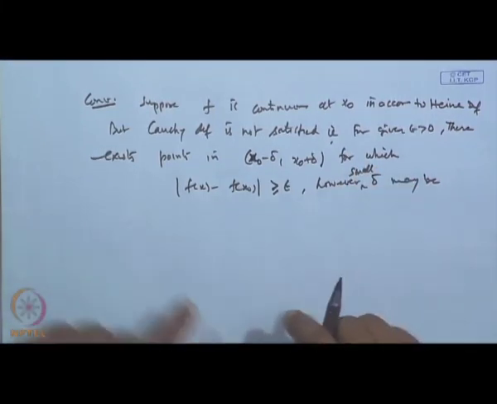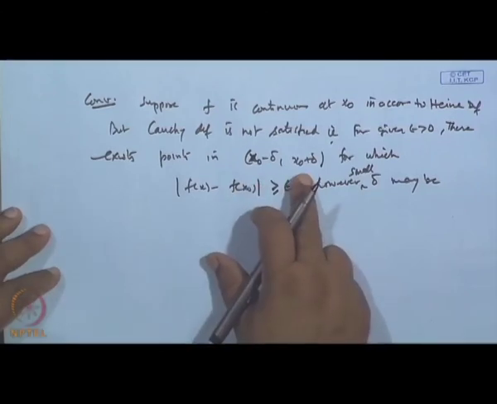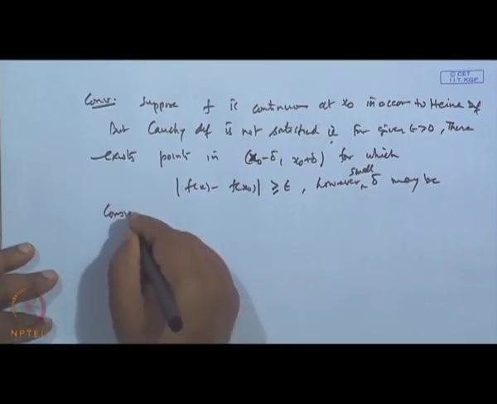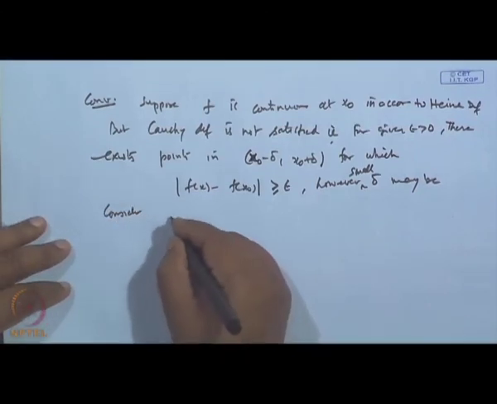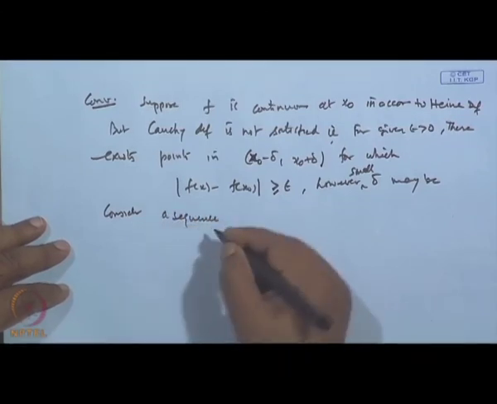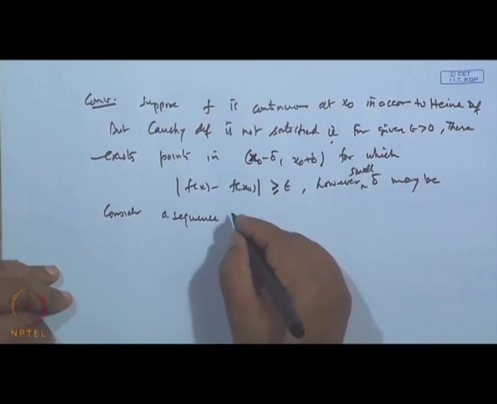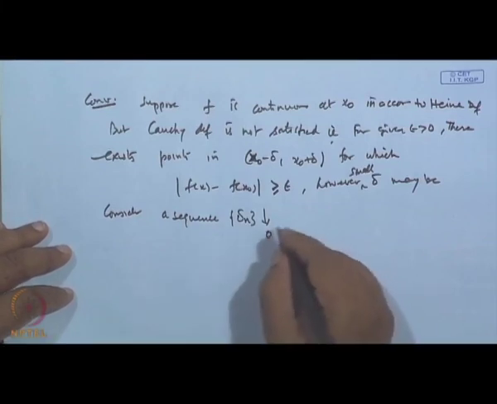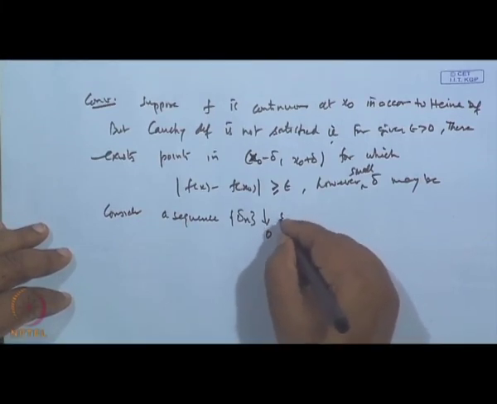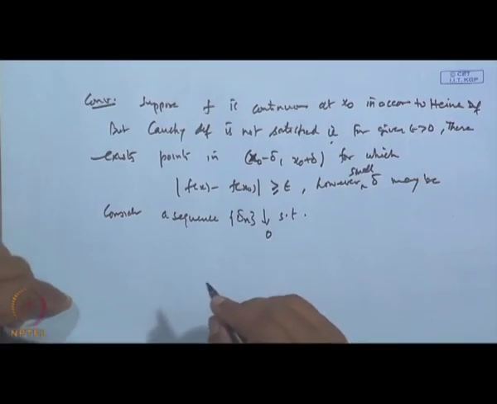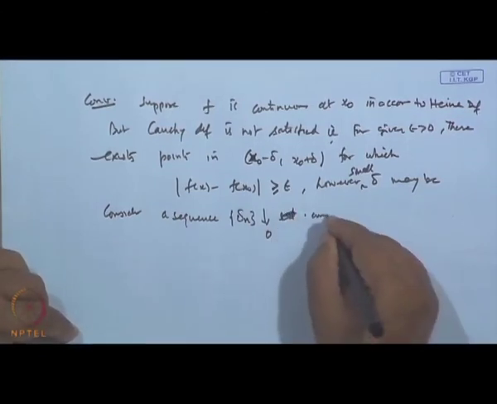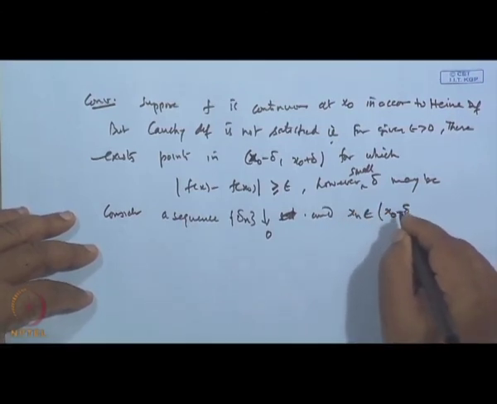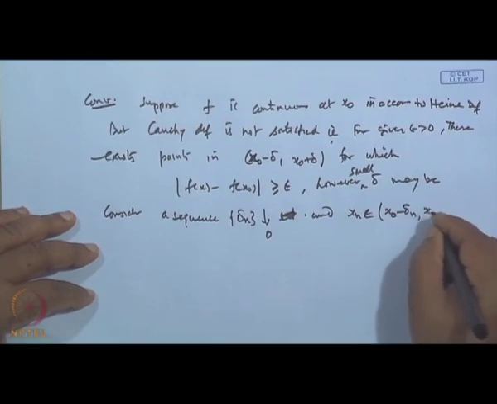So, what do you mean by this? This means if you take a sequence in this interval, then consider a sequence delta n of decreasing nature, which decreases to 0, such that delta n converges to 0, and let xn be a point belonging to x naught minus delta n, x naught plus delta n.